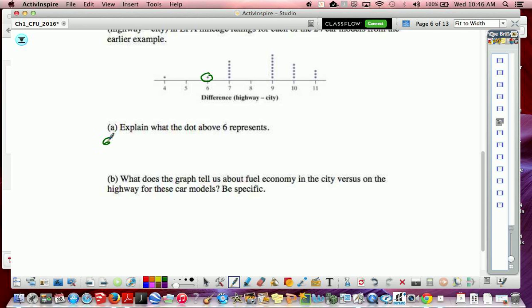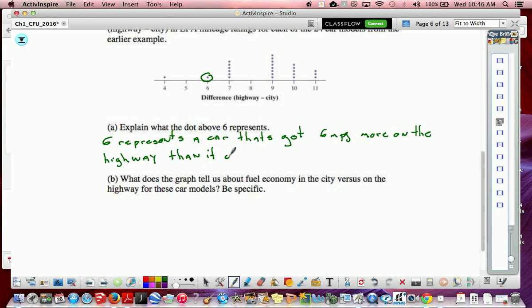So the 6 represents a car that got 6 miles per gallon more on the highway than it did in the city.